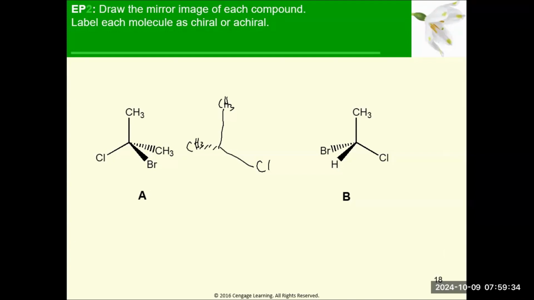CH3, bromine. Okay. These are mirror images. Notice that they are not superimposed with each other. It's bonded to 4 different things, so these would be chiral. And as a matter of fact, these 2 are enantiomers.